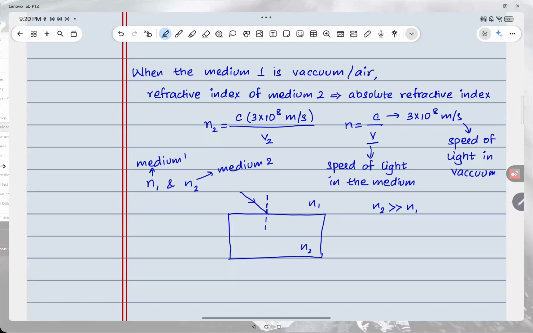In this case, will the light bend towards the normal or away from the normal? Can anybody tell me? Away from the normal. Hmm, are you sure?